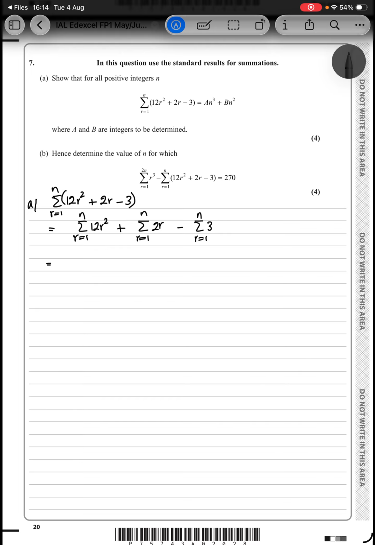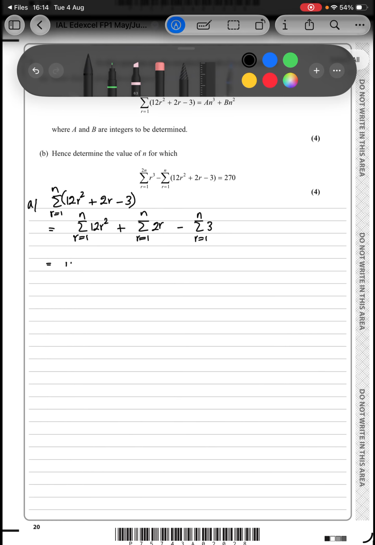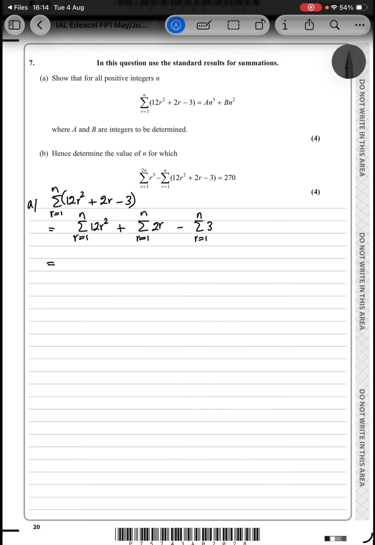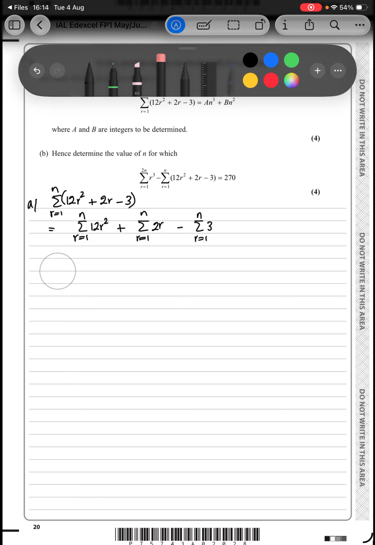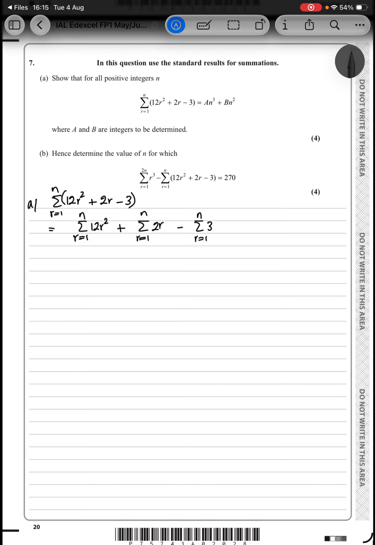So for this I can say 12 times 1/6 times n into n plus 1 times 2n plus 1, and then I'll put a bracket, or maybe I can take off the multiplication sign.